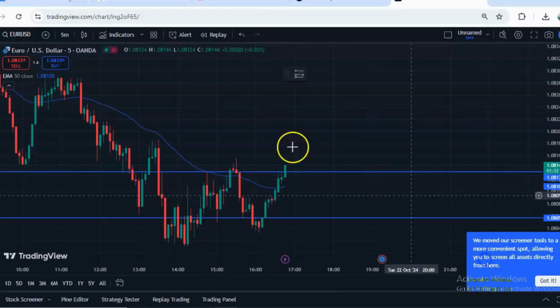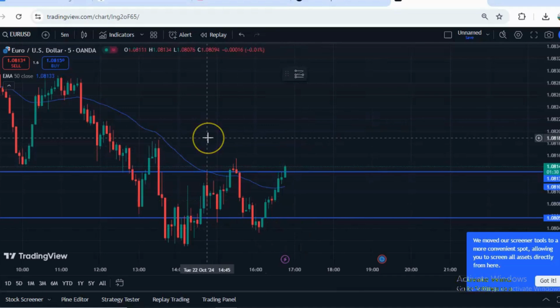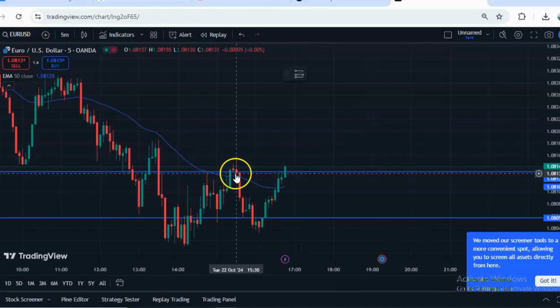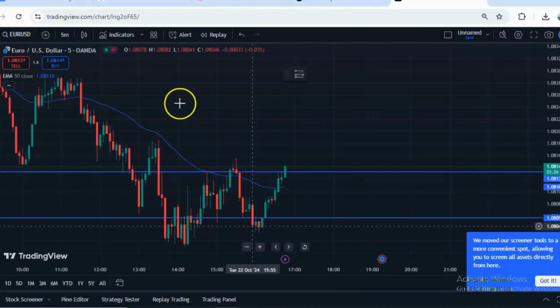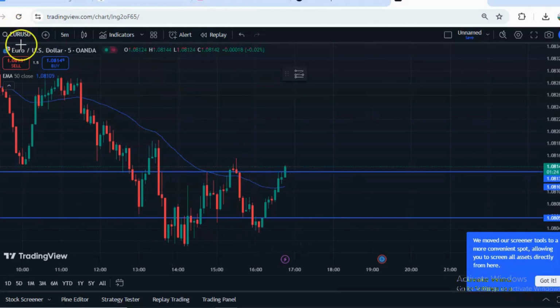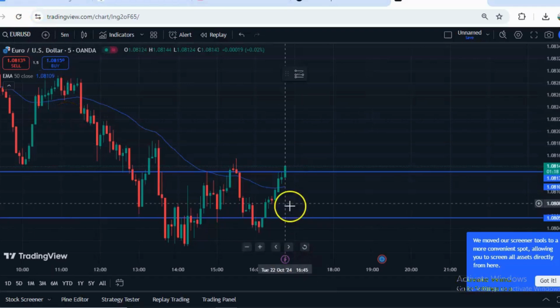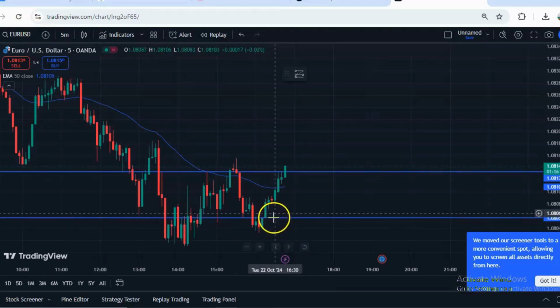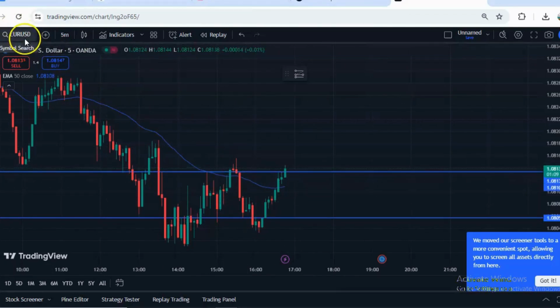I hope you guys can understand about base and quote currency. If you are selling, let's say it's coming down here, it means we are selling our Euro and we are having the dollar in our account. If we are buying Euro here, we are selling dollars, and if we are selling here, it means we are selling our Euro and then we have our dollar. Sorry, I mentioned gold instead of dollar.